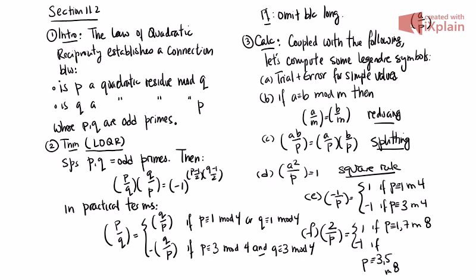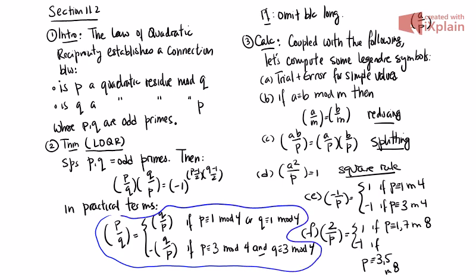So take all these facts. I'm about to erase the screen to make some space for doing calculations, but make sure these are handy. Let me circle them all so we're clear that this is reciprocity. This says that you can basically flip your Legendre symbol over as long as you negate it if you need to. You only need to negate it if both of the primes are congruent to 3 mod 4.